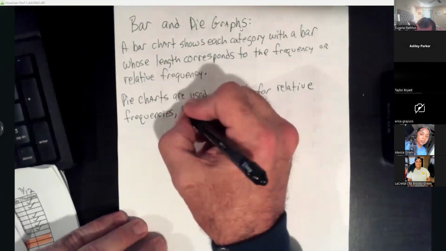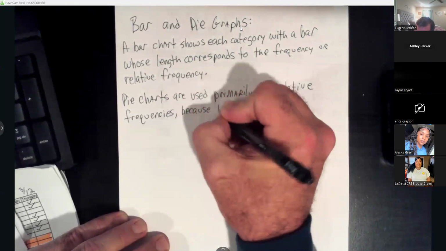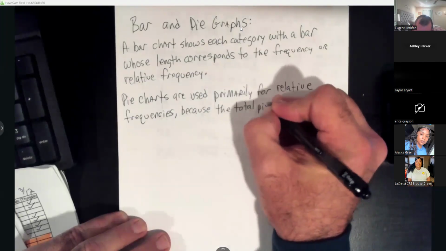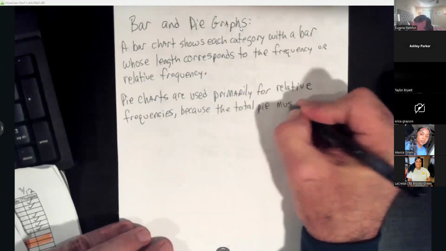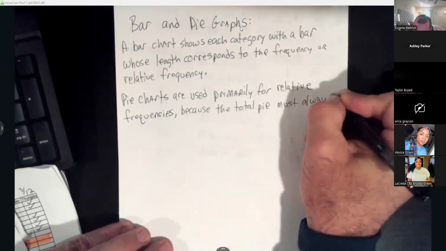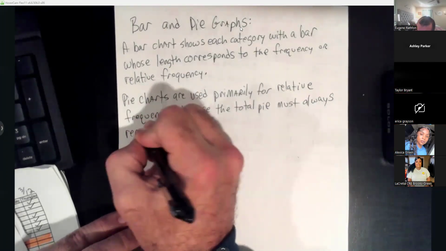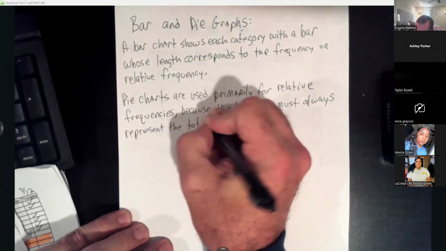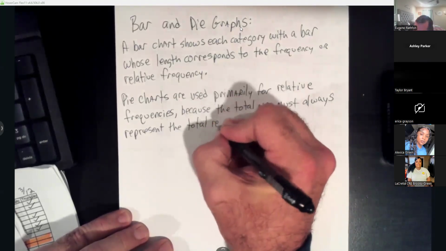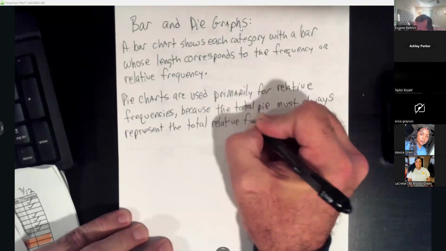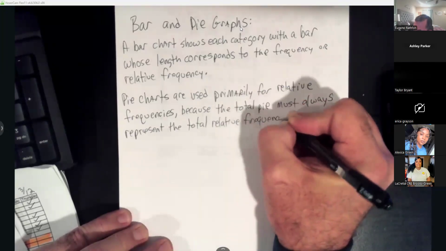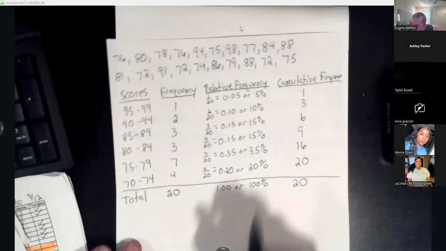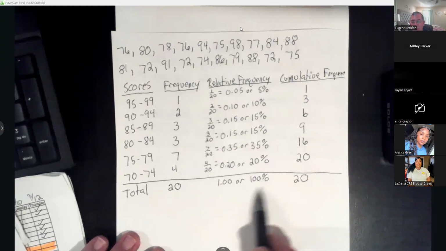And that's because the total pie must always represent the total relative frequency of, well, when we looked on here, our relative frequencies, our total was 100%.